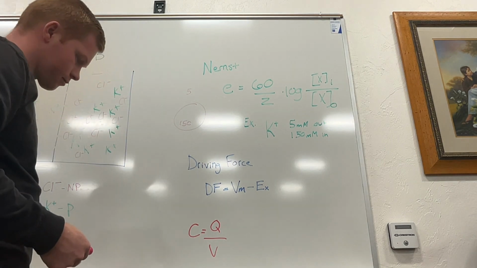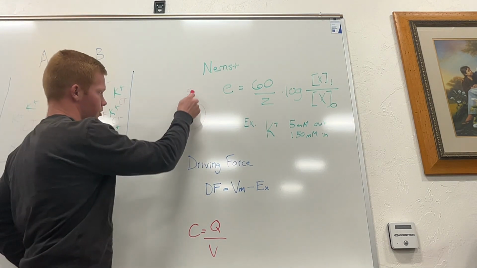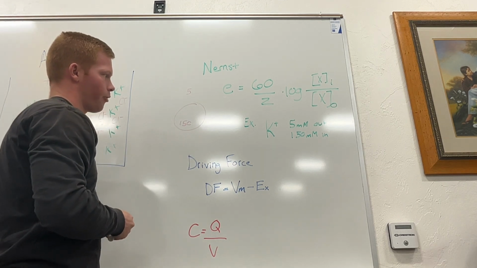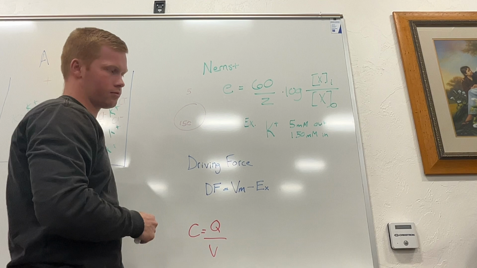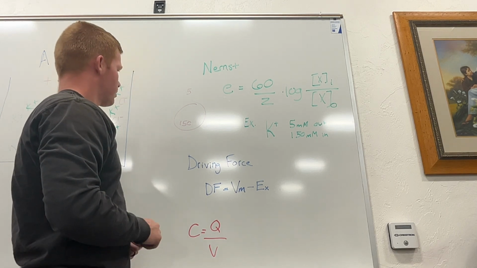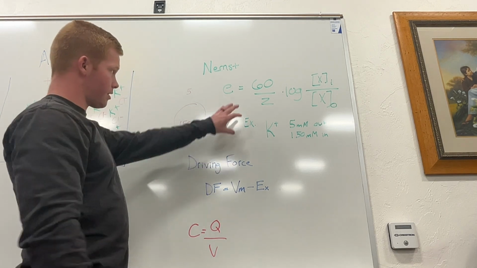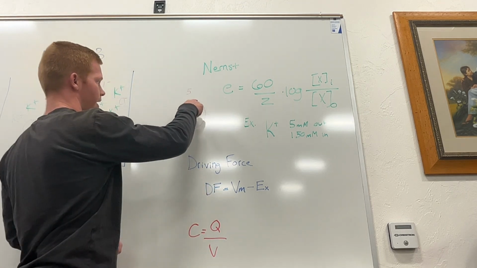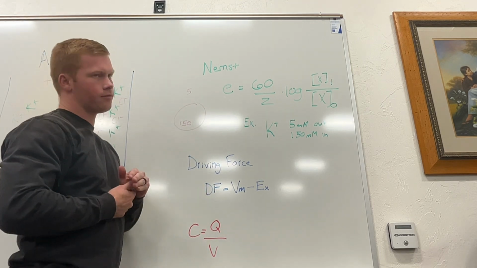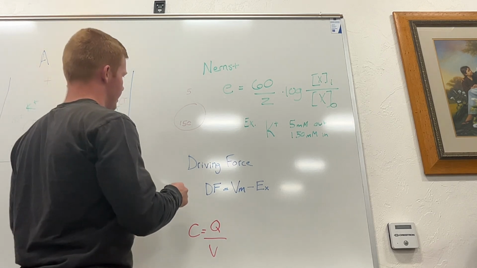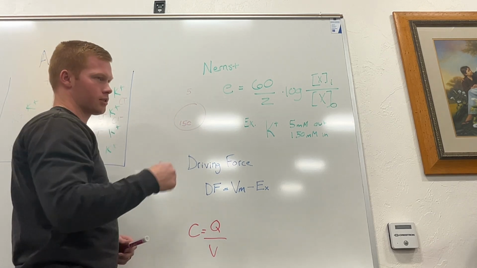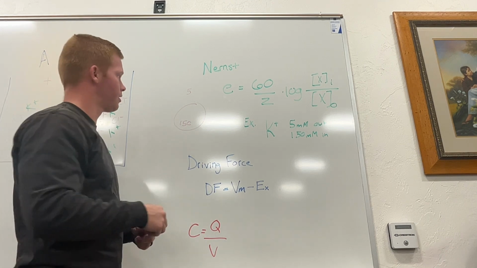So there's obviously a concentration gradient of it wanting to move out, but we also know that it still has that electrical gradient. So the Nernst equation helps us find at what voltage potassium is going to reach its equilibrium.